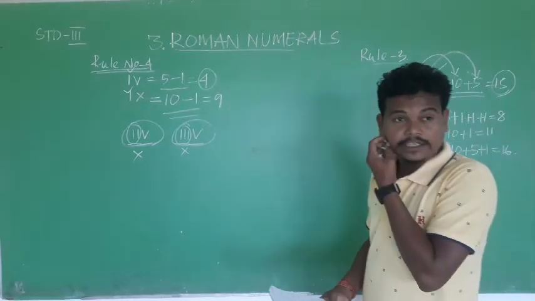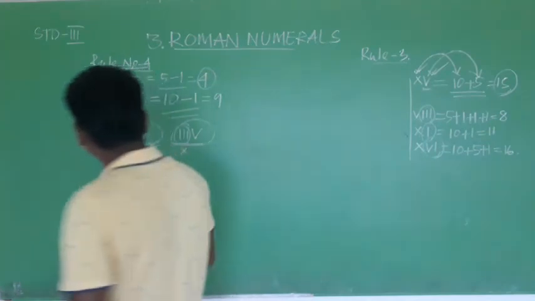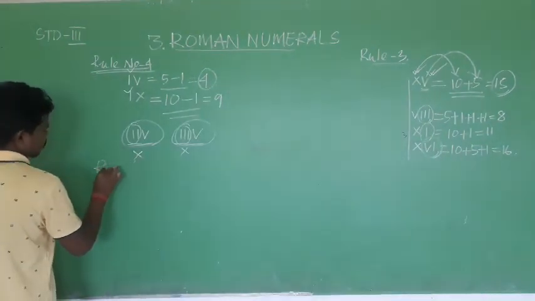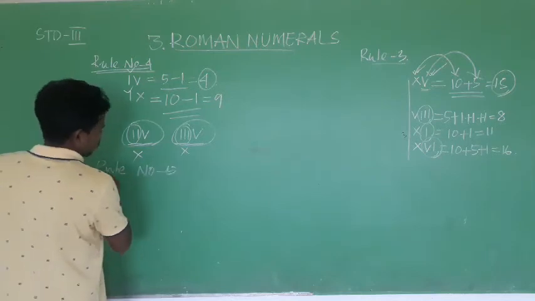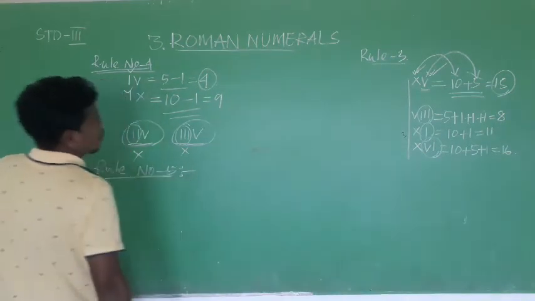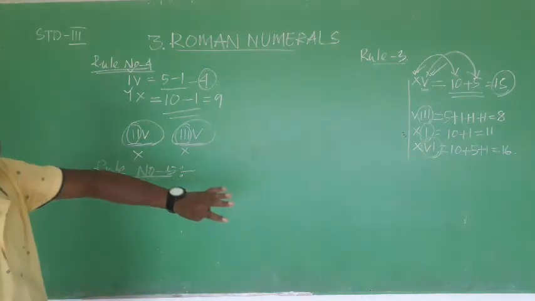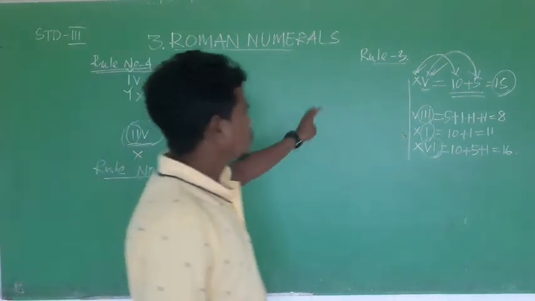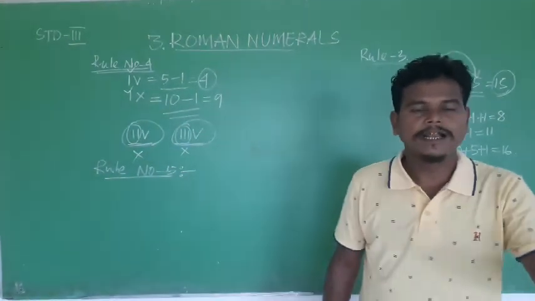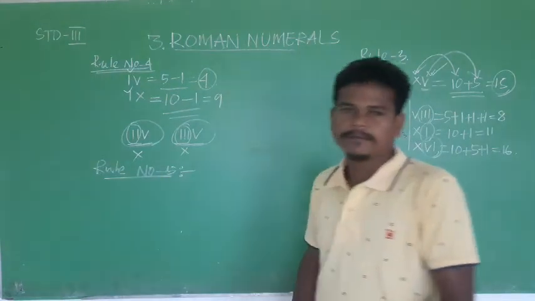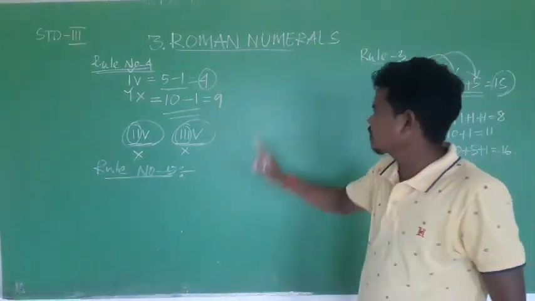Okay? Next one is the last one, that is rule number 5. Students, remember there are only these 5 rules and this much notation, how to convert, how to write, etc. This much only is there in chapter 3, and only one exercise is there.